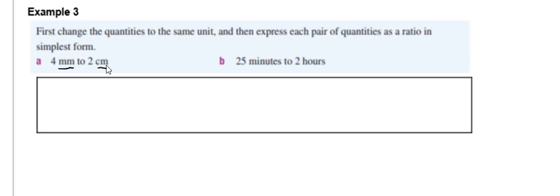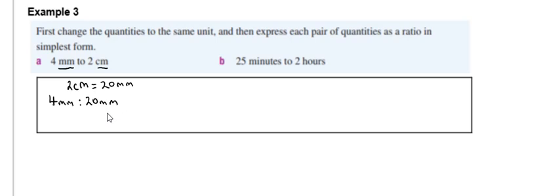It's generally easier to change them to the smallest unit, so we're going to change the centimeters into millimeters. So 2 centimeters is 20 millimeters. Now my ratio is 4 millimeters to 20 millimeters.